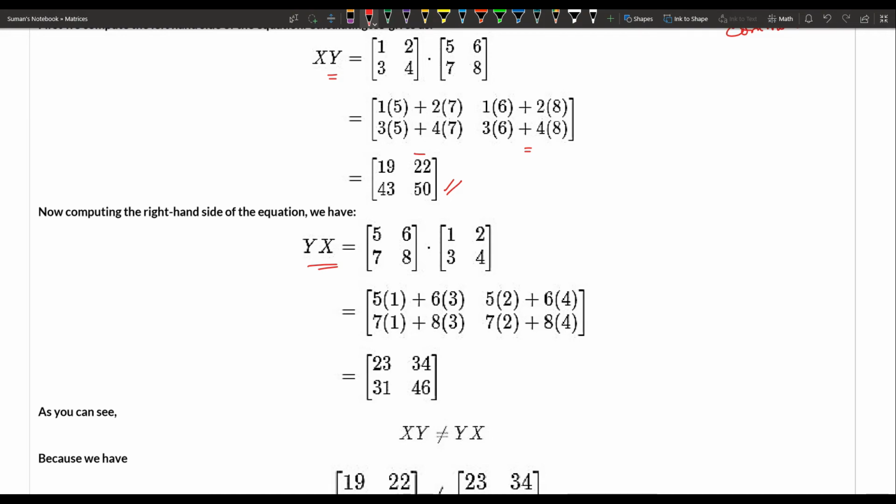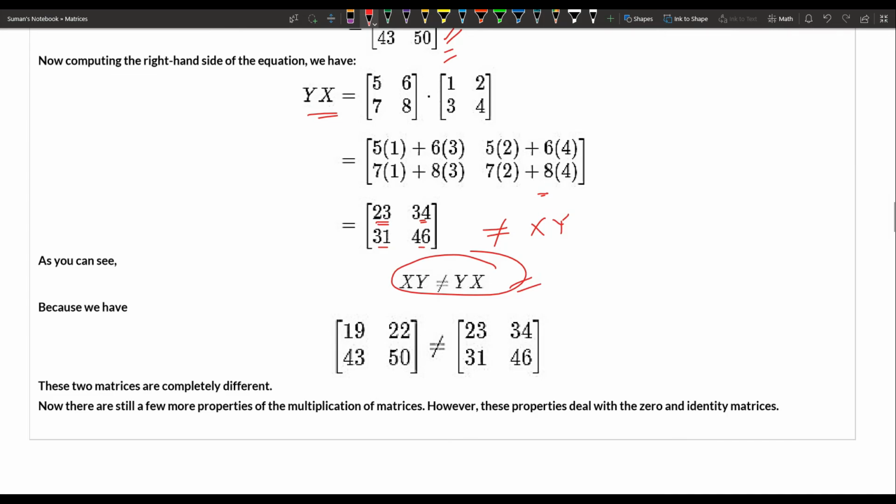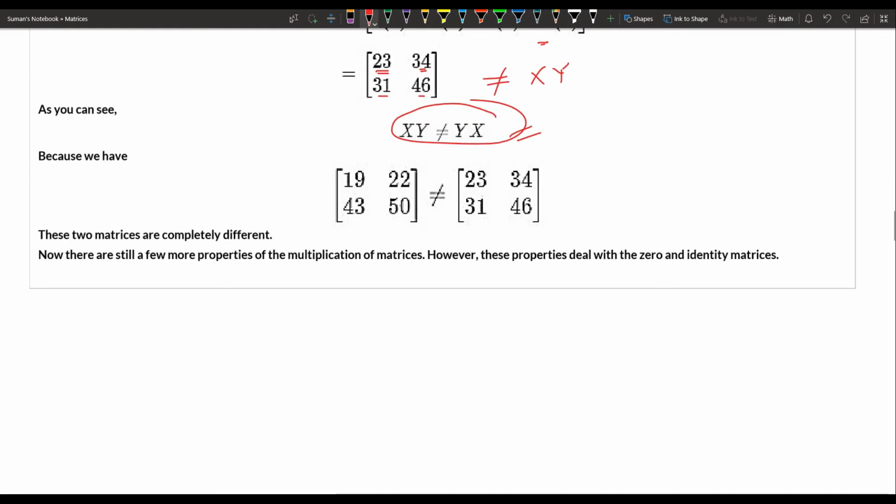After multiplication we are getting 5 into 1 plus 6 into 3, 5 into 2 plus 6 into 4, 7 into 1 plus 8 into 3, and 7 into 2 plus 8 into 4. That gives the resultant matrix as 23, 34, 31, 46. So we can say that is different from xy. So xy is not equal to yx, as 19, 22, 43, 50 is not equal to 23, 34, 31, 46.